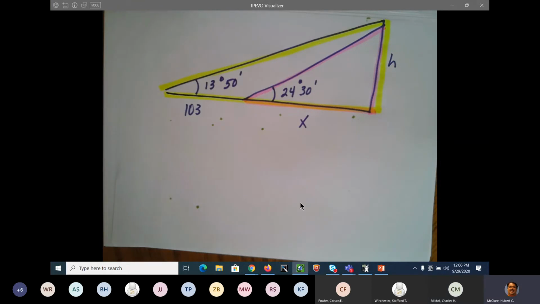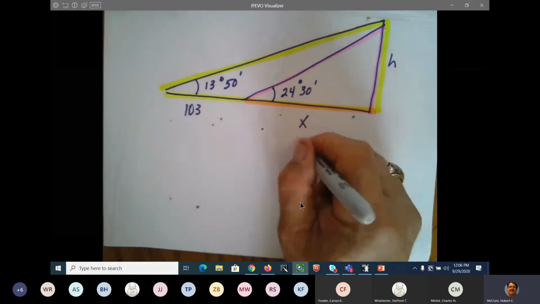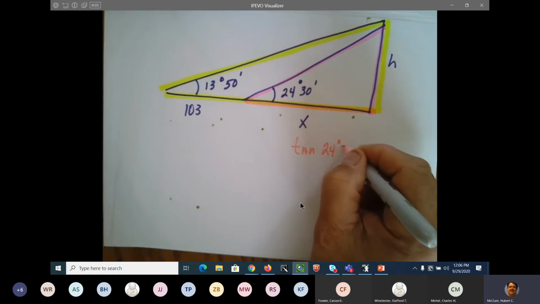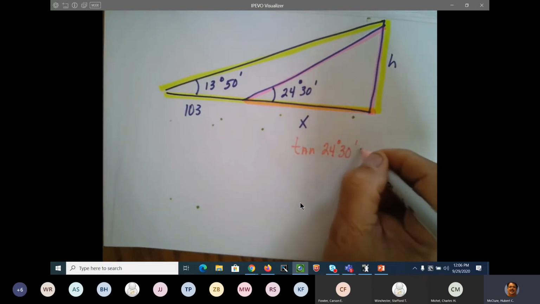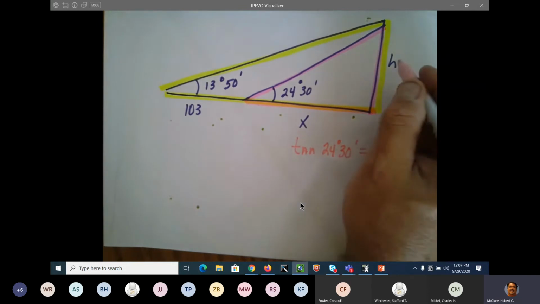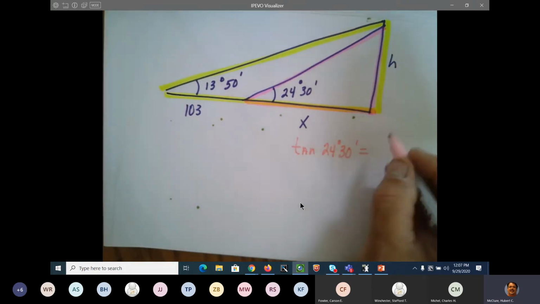Yes, sir. All right, so I've got opposite over adjacent. So that's the tangent. So I'm going to do the tangent in pink. So the tan of 24.30 is equal to opposite over adjacent, h over x.